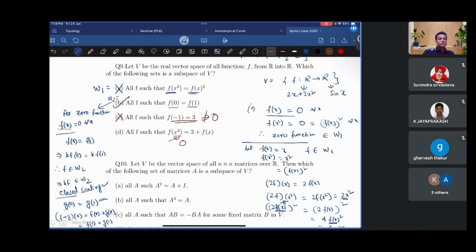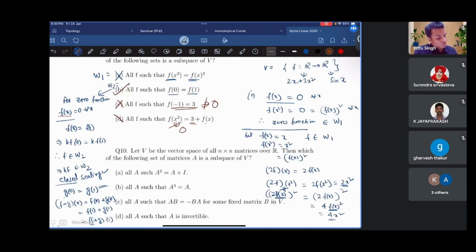So to discard those types of sets, you always check whether 0 belongs there or not. Again, 3 plus f0 will be 3, but f of 0 square is not 3. So equality is not satisfied by the 0 function. So this is also wrong.